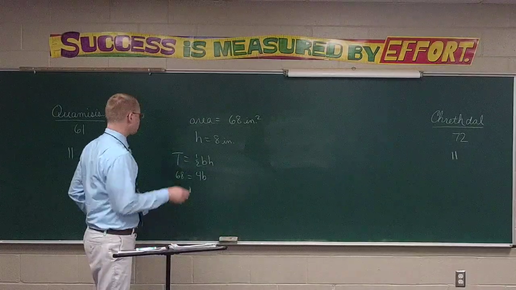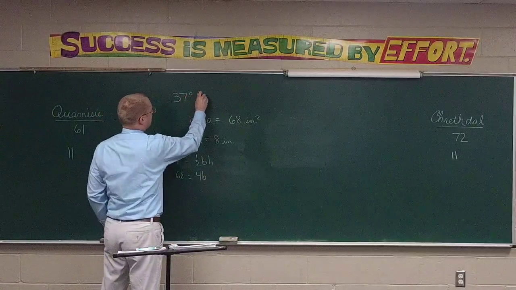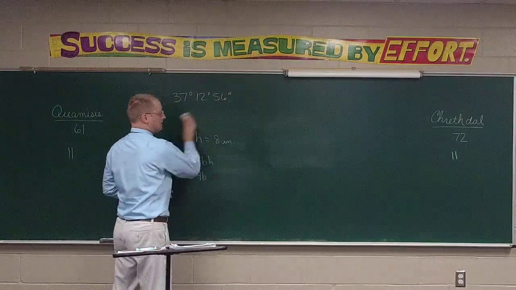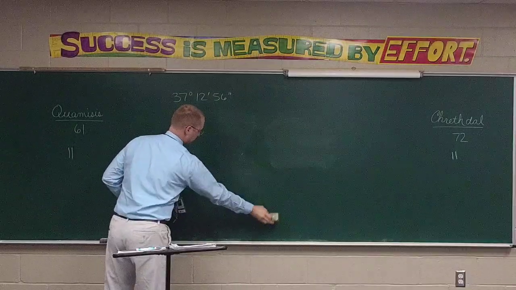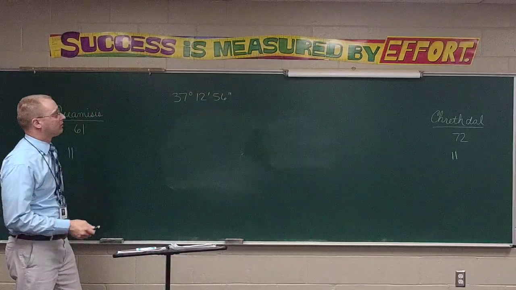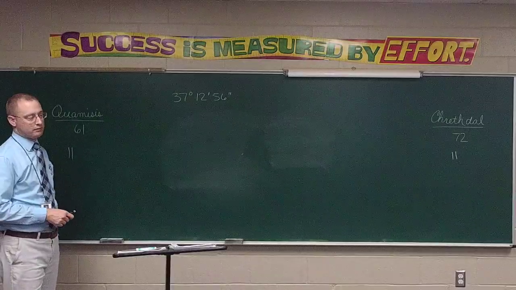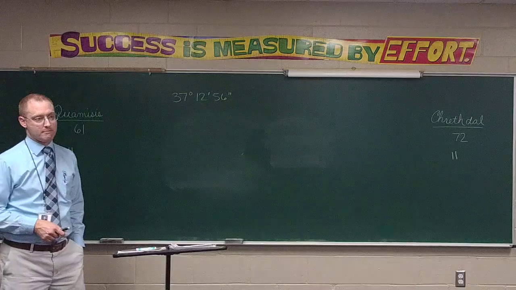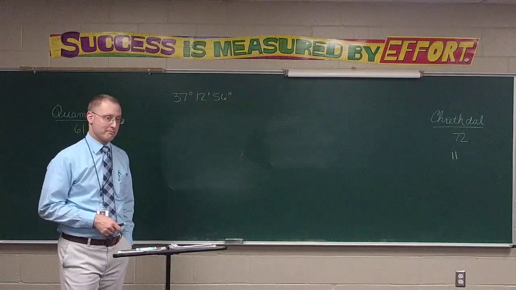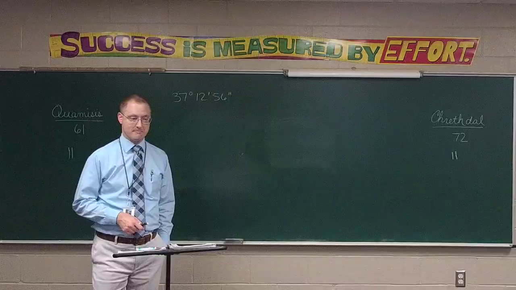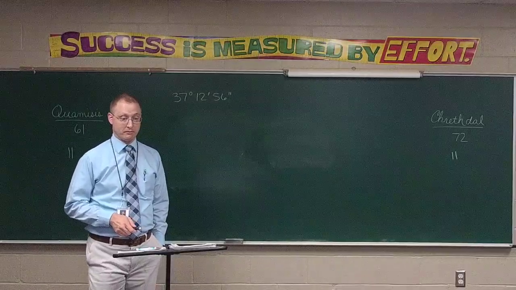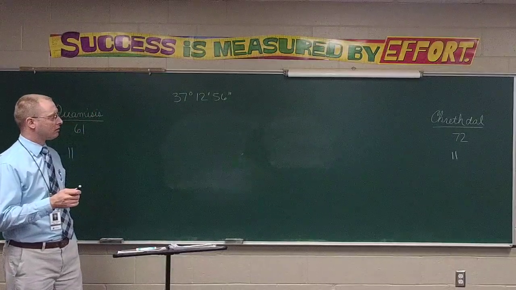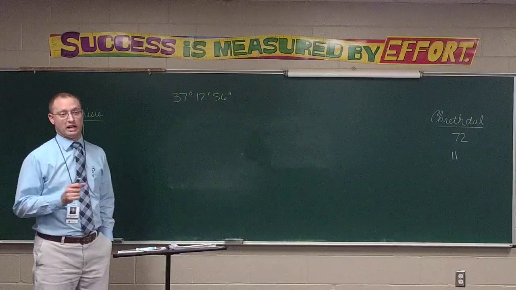Back row, if I have a 37-degree, 12-minute, 56-second angle, find the complement. 62 degrees, 77 minutes and 34 seconds. That is not correct.